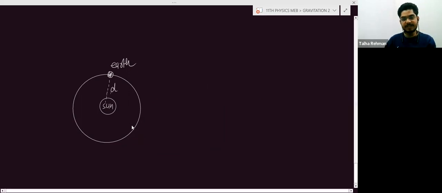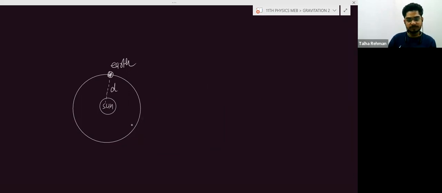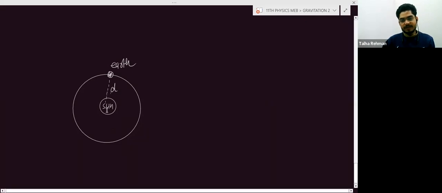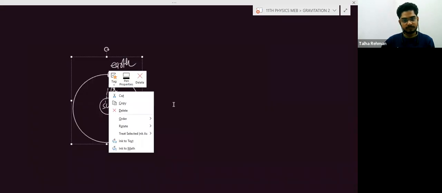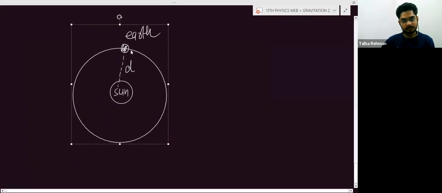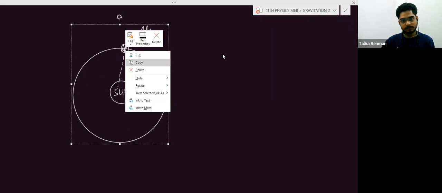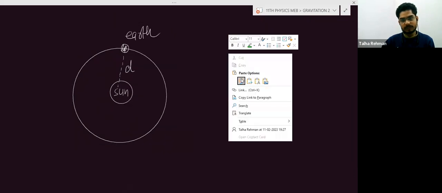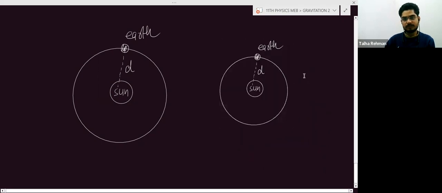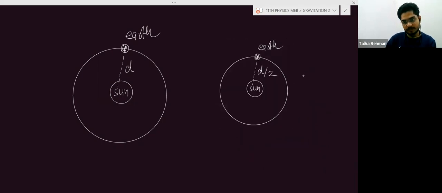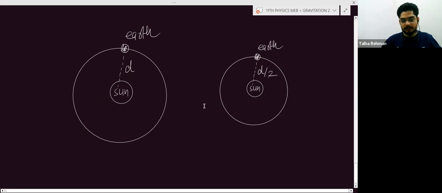This is the initial condition. Now they are saying if this distance somehow becomes half, suppose this becomes d by 2, then in a year, how many days will there be?